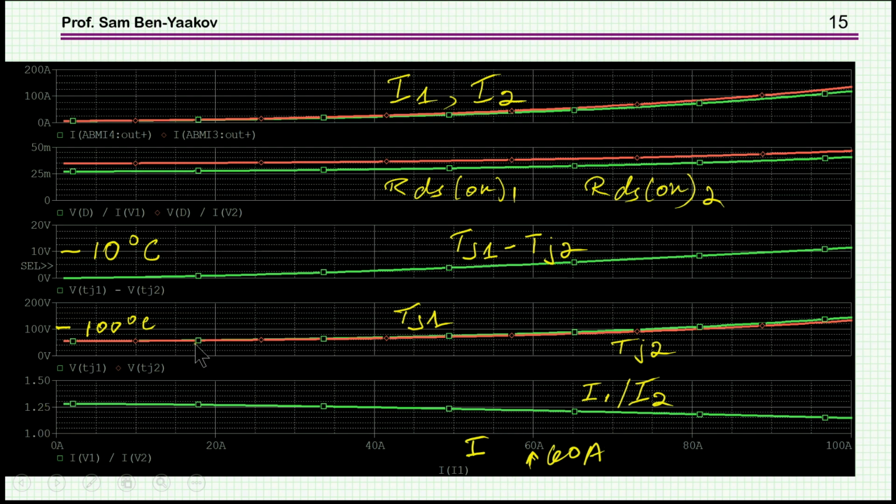Now, the temperature of the two junctions, of course, goes up here, and at 100 amp, it's about 120 degrees. This is now the difference between the junctions. This is the most important parameter here, because this is what we don't want. We don't want a difference in the temperature of the junction.